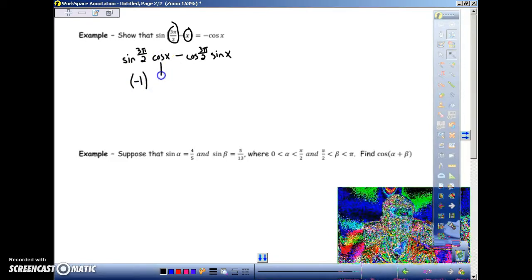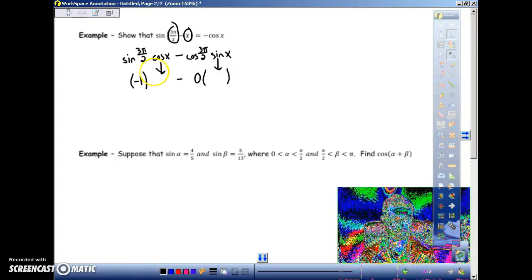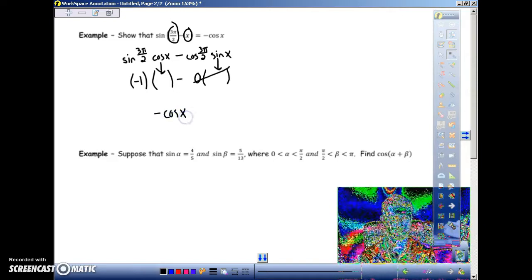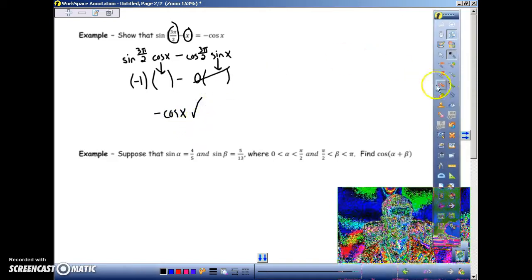And then we just bring the cosine of x down. Minus the cosine of 3 pi over 2 is actually 0. And then we bring this down. And what you should notice is 0 times this is going to cancel that out. And we're just going to be left with negative 1 times cosine of x, which is negative cosine of x. And that's done. Okay, so that's an example of that type of problem.